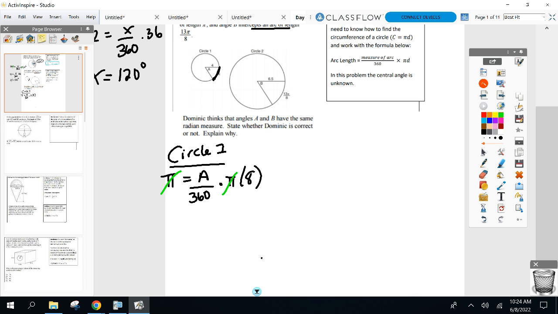What's left on the left side here? You've got to write something in, right? And it's not 0. Pi over pi, 2 over 2, 3 over 3, still leads to, yes, 1. 1 equals a over 360 times 8. And just like last problem, you do your magic now.